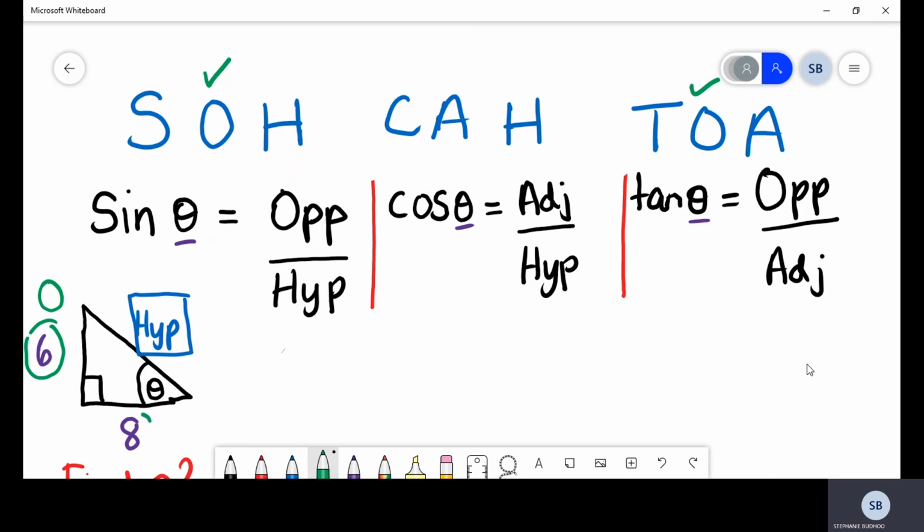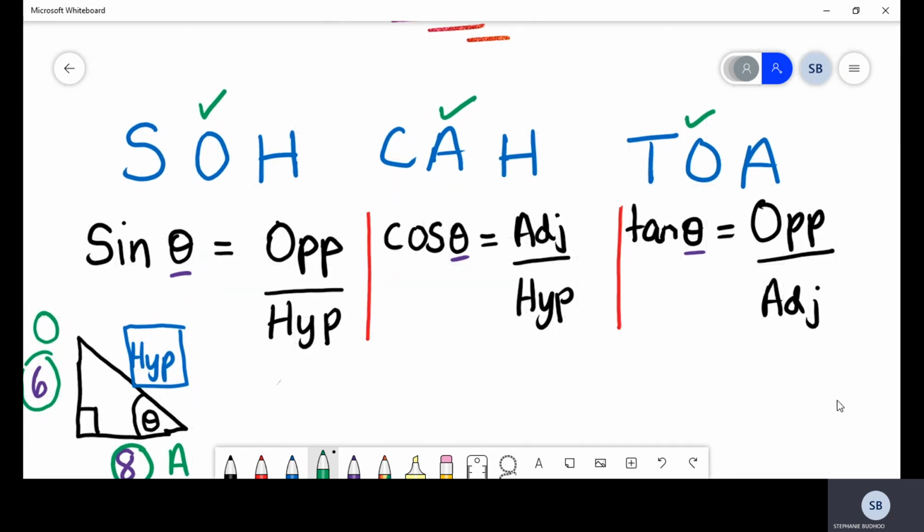Then in our triangle, we also have 8, and 8 is the length of your adjacent. Remember, that was A. So you want to go to each of your 3 ratios and tick where you have that letter A. And we can see it up top here as well.